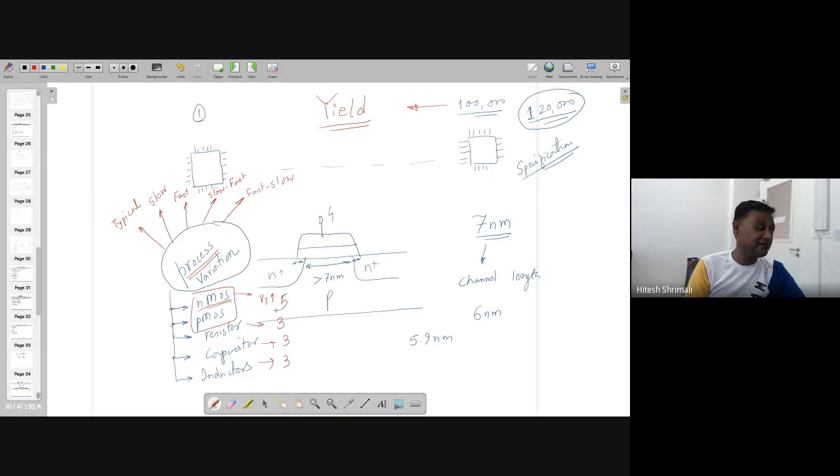You can understand this makes a combination of something like 5 times 3 is 15, 45, 45 times 3 is how much? 125, right? Sorry, 135. So 135 different corners I need to check by making my device slow, fast, and all these things.